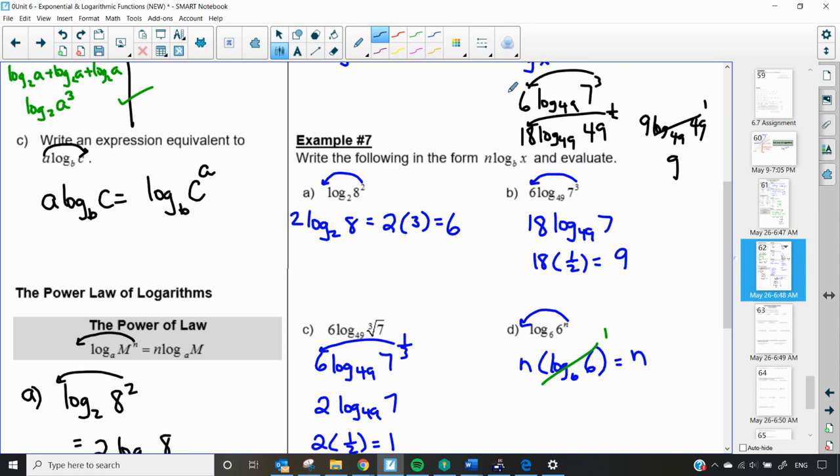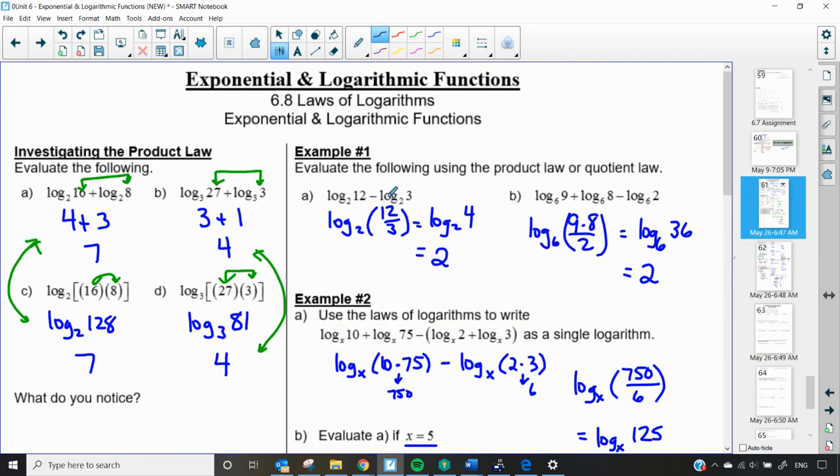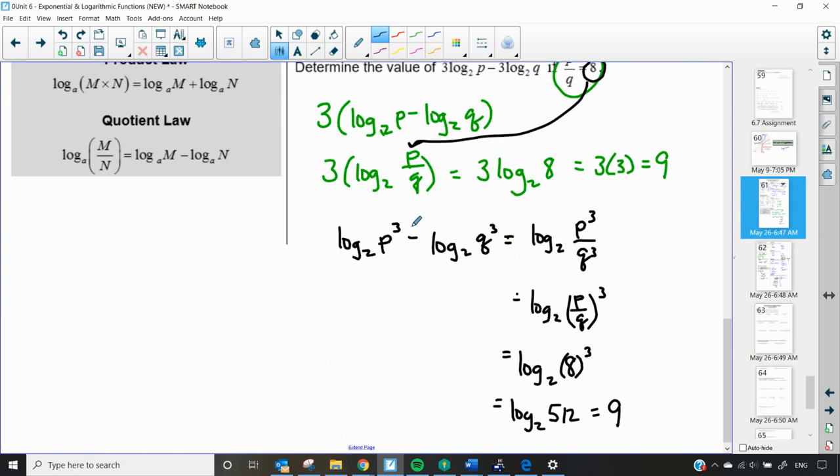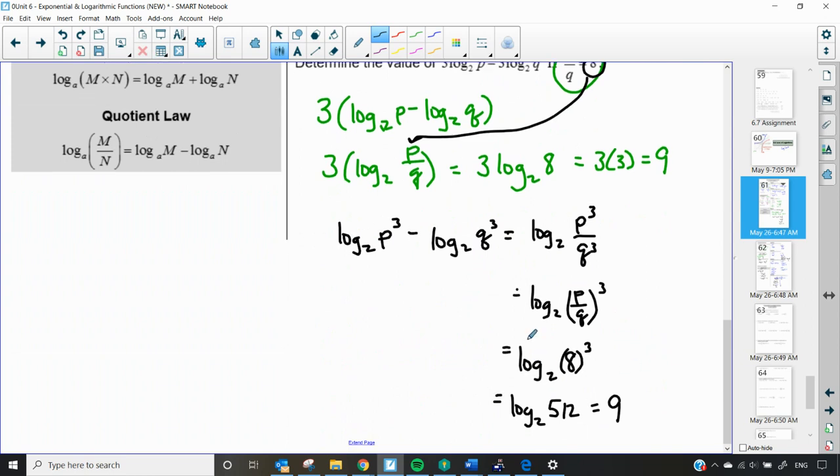So when we start getting into square roots or fractional exponents, sometimes it's a little bit more complicated, and sometimes it's just as easy to do it on your calculator. If we go right back to that last example we did on the first page, I'll show you one quicker way that we can solve when we get to the point of log base 2 of 8 cubed. Well, we can write that as 3 times log base 2 of 8.